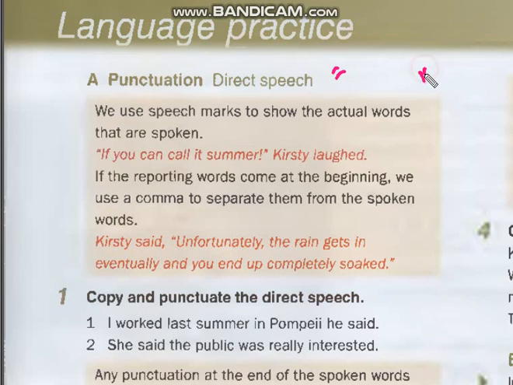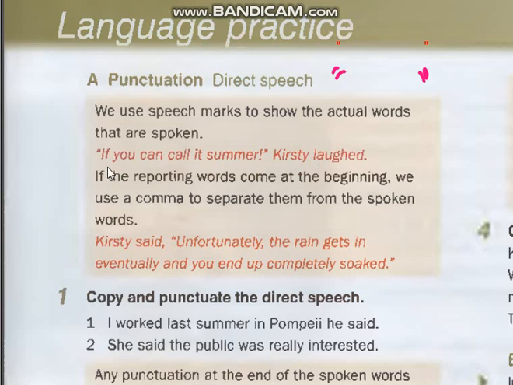Okay, small double brackets. Okay, let me write them for you by typing. Take them like this, at the beginning of the actual words and at the end of the actual words. Let's see this example. If you can call it summer, Christy laughed.